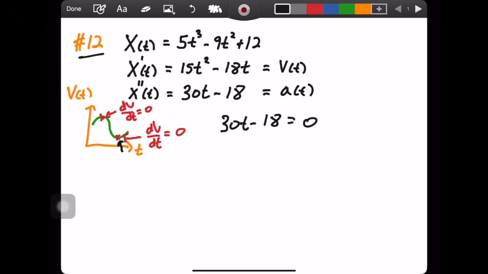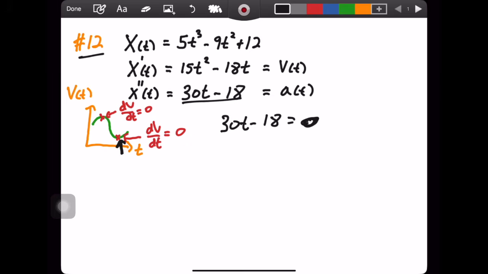And again, that's because I'm interested in figuring out what is the minimum velocity and at what time does that happen. And that's at one of those points with the little red x's there where the acceleration is 0. That's what allowed me to say that this acceleration term right here can be equated to 0.